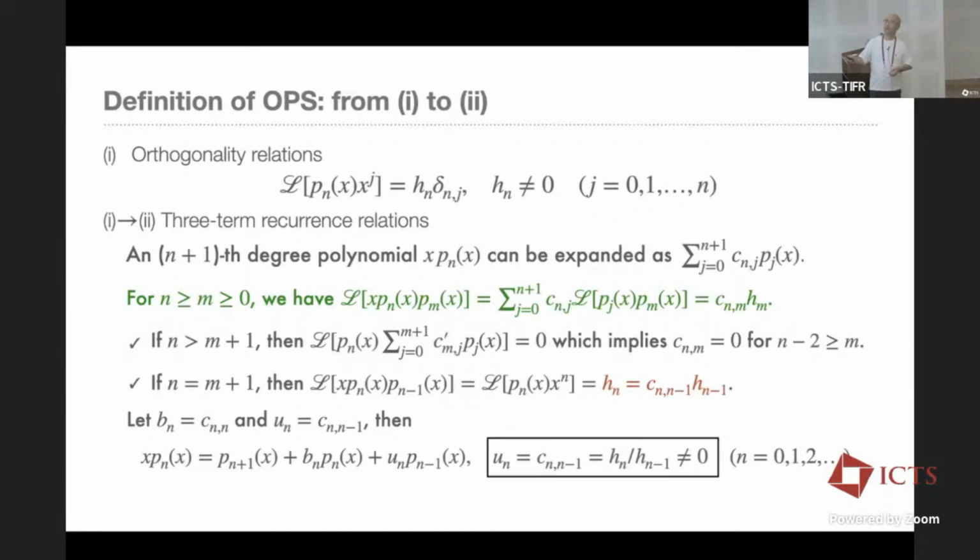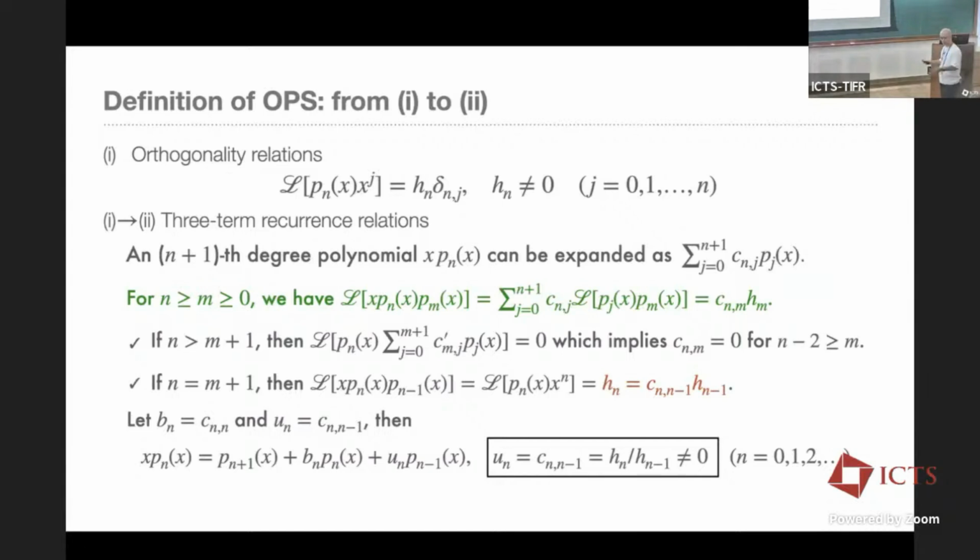Under this condition, by using the orthogonality relation with Pj and Pm, if j is equal to m, then some non-zero constant Hn will appear.